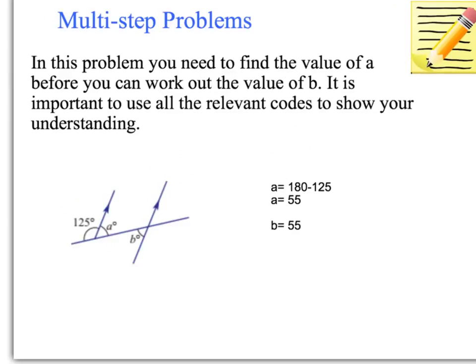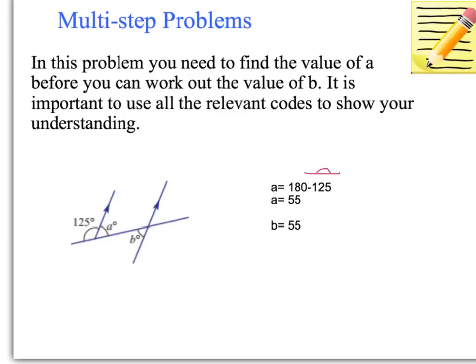Let's do another one. In this problem you need to find the value of A before you can work out the value of B. So it's important to use the codes again to work it out. We can see here in this diagram that angle A is whatever's left over from 125 out of 180 because it's supplementary. So these two angles are supplementary, therefore they add to 180. So A will equal 180 minus 125 because they're supplementary.